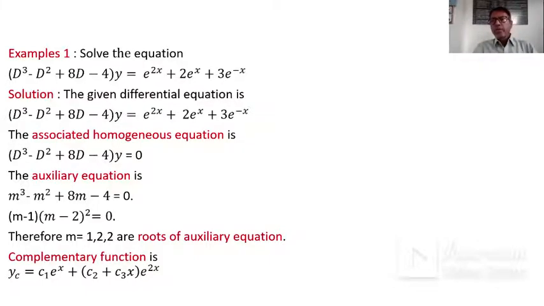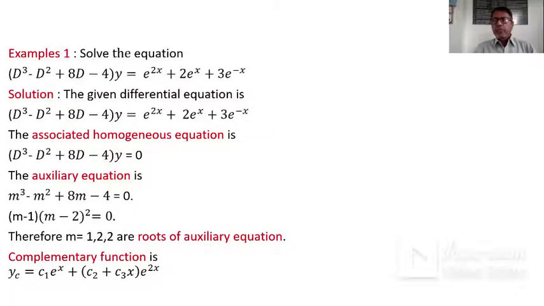Now we want to find the particular integral or particular solution of this non-homogeneous linear differential equation. For that purpose, we denote it by yp. yp is equal to 1 upon f of D operate on Q of x. Here Q of x is e to the power 2x plus 2e to the power x plus 3e to the power minus x.